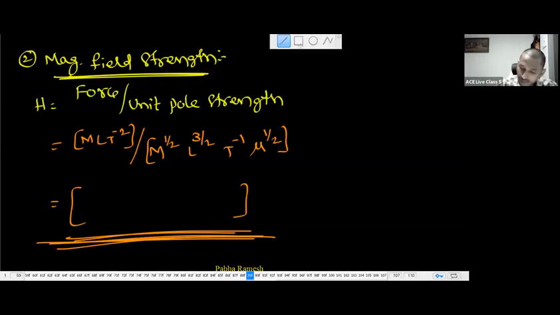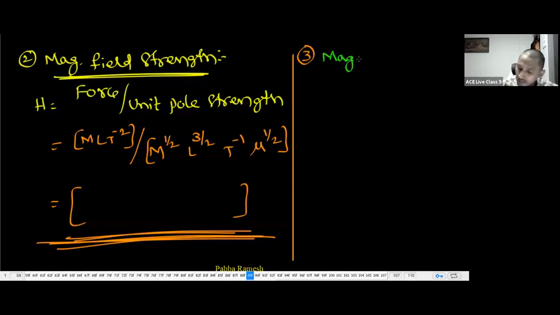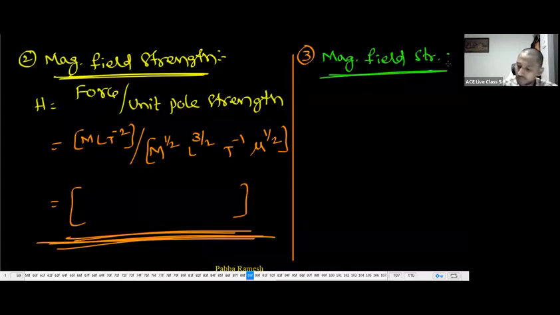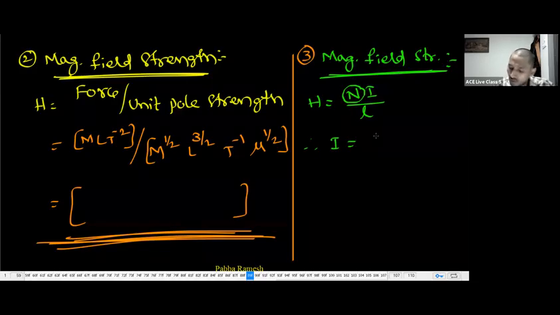Okay. Now the third one is the same magnetic field strength only. One more formula for magnetic field strength is N I by L. This is the general formula for a solenoid's magnetic field strength, N I by L. N is the number of turns, with no dimensions, so simply I by L. Therefore, I is equal to H into length.